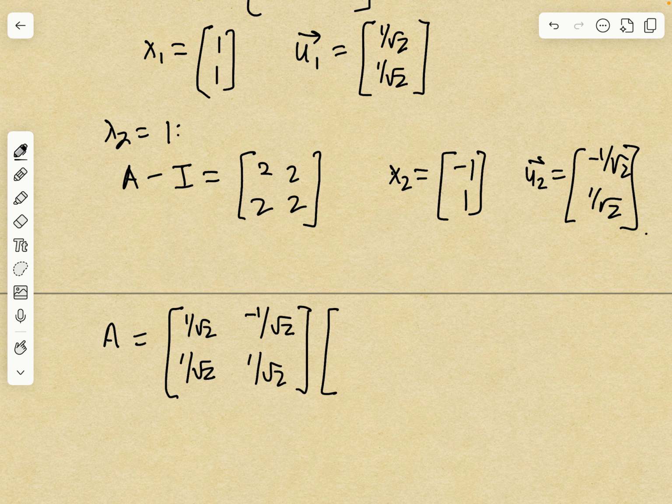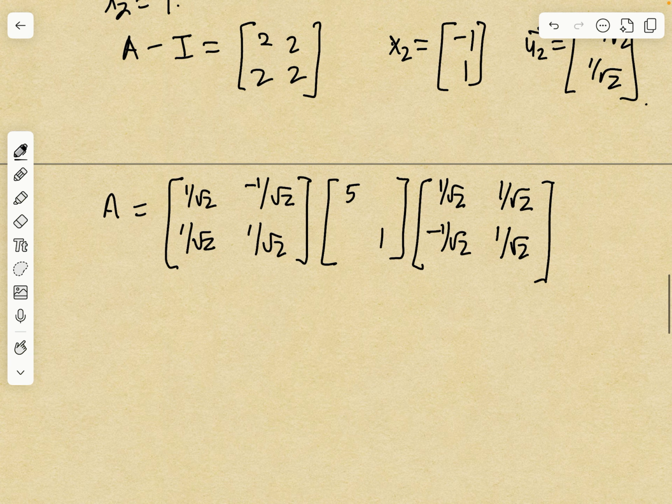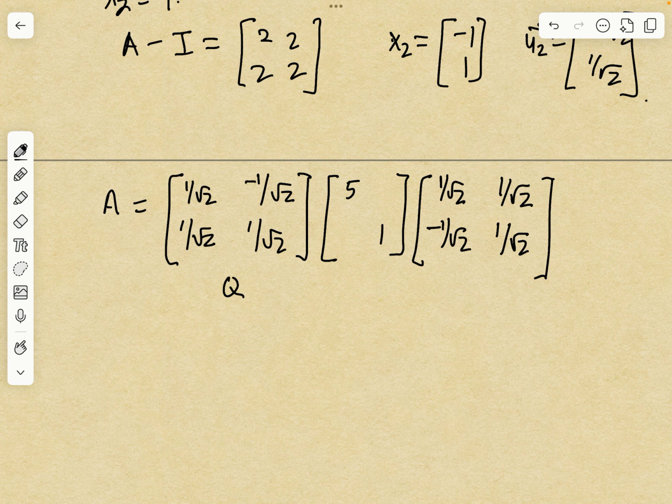That's Q, and then lambda is 5, 1, and then Q inverse is just the transpose of Q. So we can just write it easily. Okay, so this is our Q, that's lambda, that's Q inverse, or Q transpose.